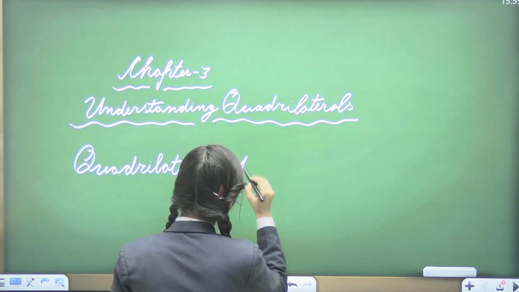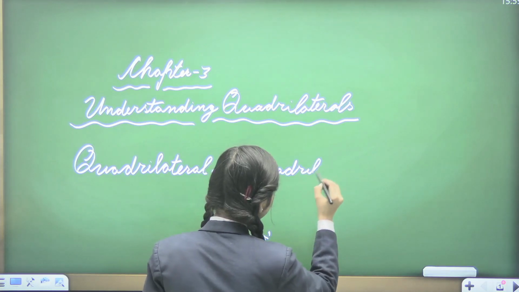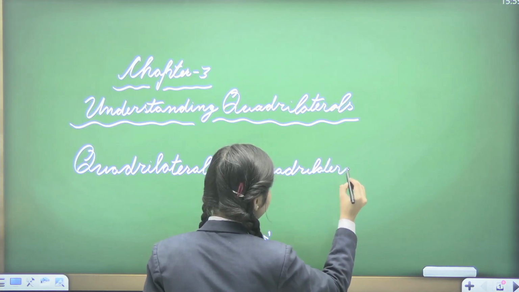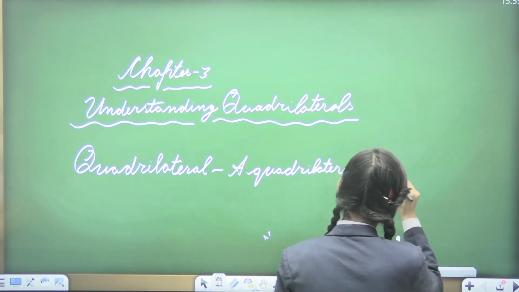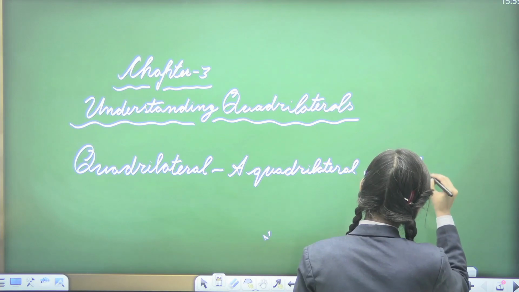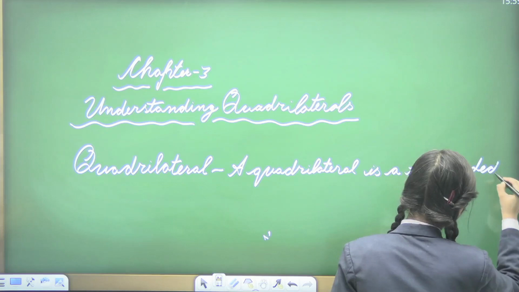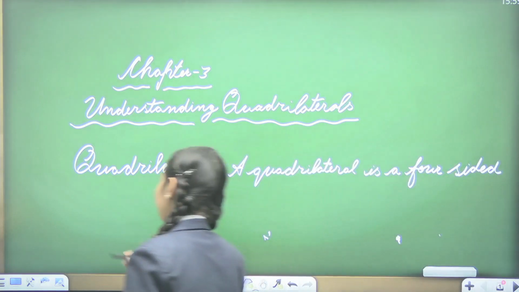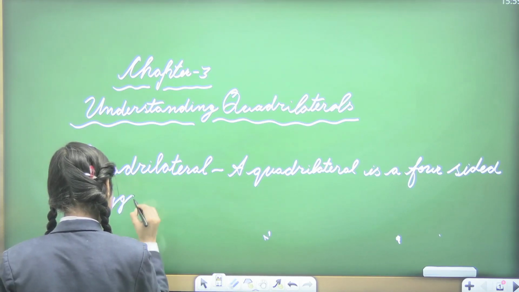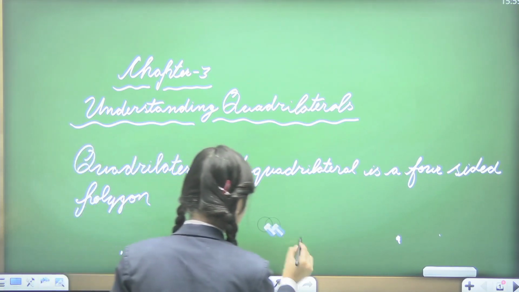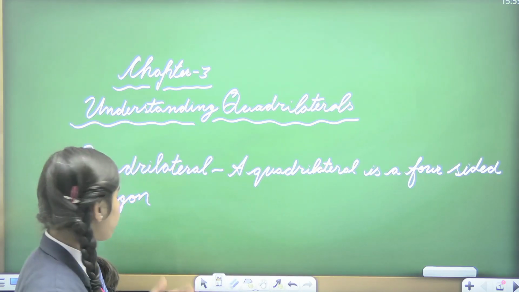A quadrilateral is a four-sided polygon.